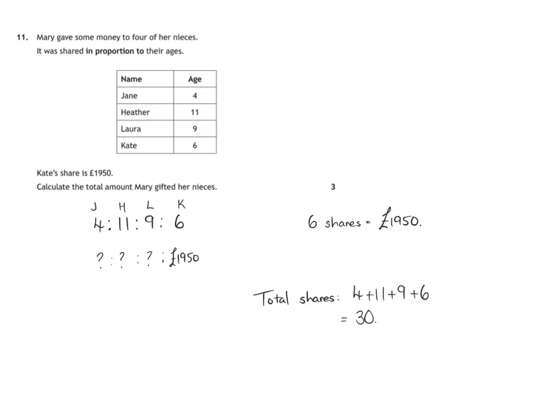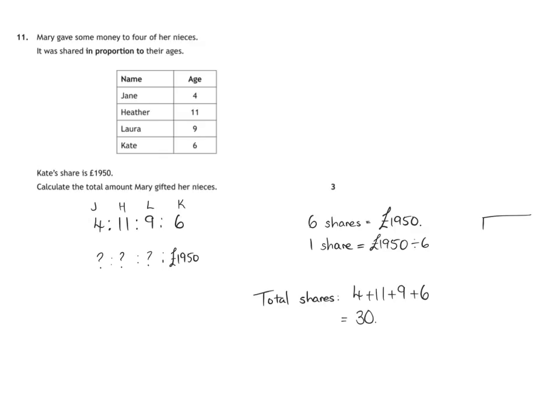So there's 2 different ways we can do this. If you spot straight away that 30 is 5 lots of 6, you can do it that way. Or, more common was to find what 1 share would be. So 1 share is going to be 1,950 divided by 6.